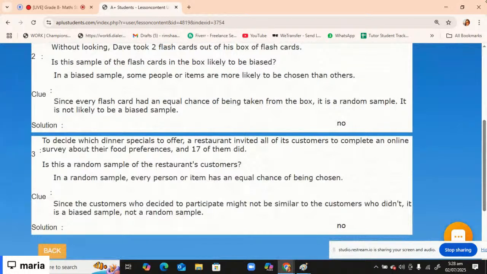To decide which dinner special to offer, a restaurant invited all its customers to complete an online survey about their food preference, and 17 of them did. It's again a random sample. Why? Because they invited all the customers. They did not choose a specific group; they took all the customers and then chose.